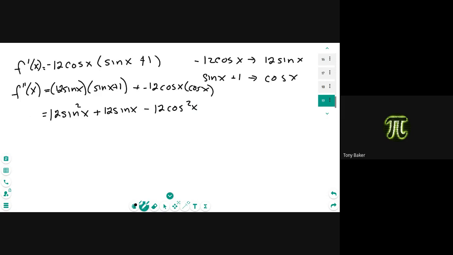Twelve sine squared x plus 12 sine x minus 12 squared, 12 cosine squared x, which is what I have. I can take out a 12.